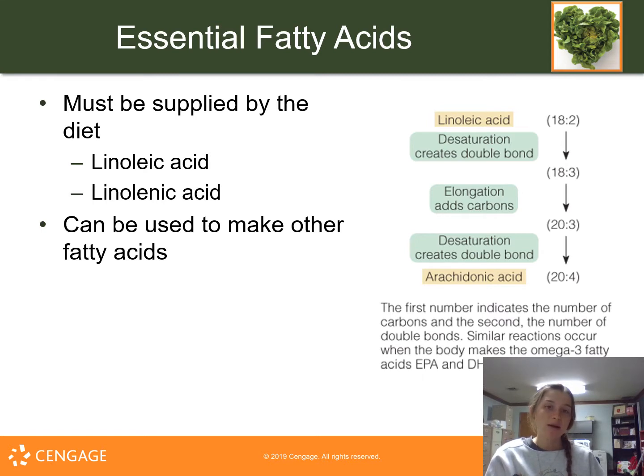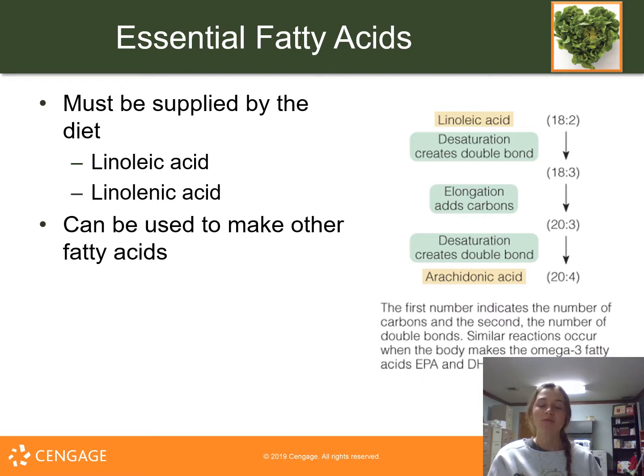So as we talked about linoleic acid and linolenic acid in the beginning, those are the omega-6 and omega-3 fatty acids, and either of those fatty acids can be used to make even longer complex fatty acid chains. Remember, those two are the most common that you get through food consumption, and they have 18 carbons, but with elongating them and adding carbons, the carbon chain can get longer, as well as desaturating them further to create more double bonds on that chain.